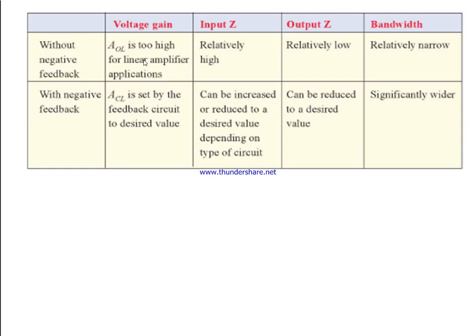Gain is Vo by Vi. Gain is 1 lakh. Input is 1 millivolt, which is a very small voltage. Then if you do the calculation, the output will be around 100 volt. This 100 volt means even though you are giving just a 1 millivolt input voltage to an op-amp, the output voltage that you are getting is very high, around 100 volt, and an op-amp can never reach 100 volt.